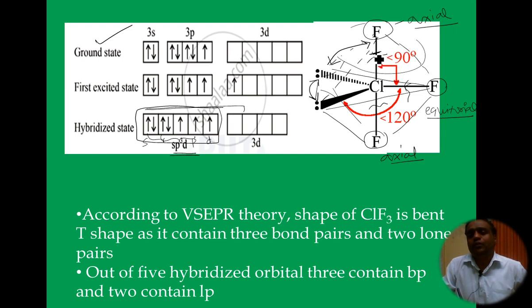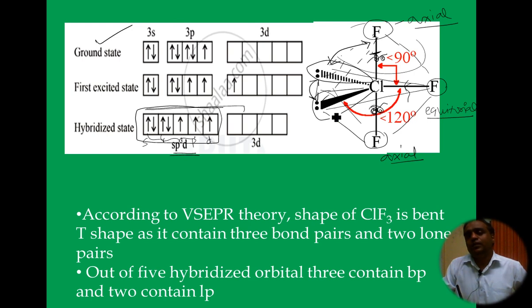So these are bond pair electrons. There will be 2 electrons here, and there will also be 2 electrons here. These 2 electrons are called bonding electrons because they are involved in the bond between chlorine and fluorine. And these are lone pair electrons because there is no bond, right? So that's why this is called a lone pair of electrons or non-bonding electrons.